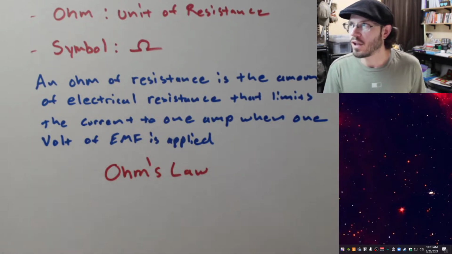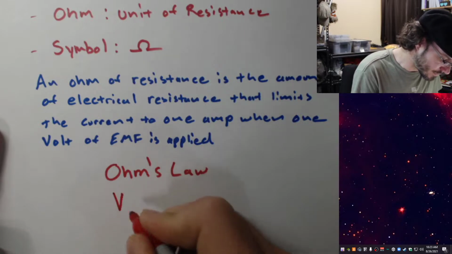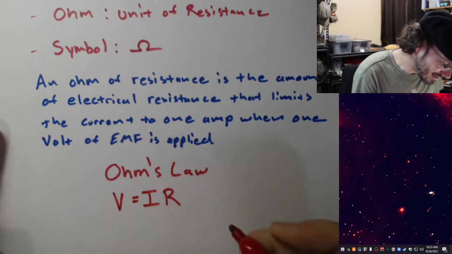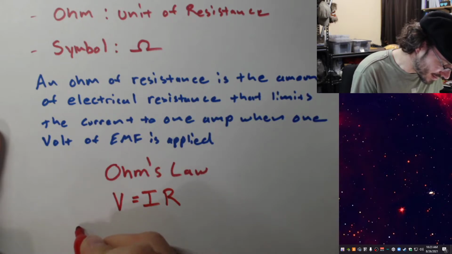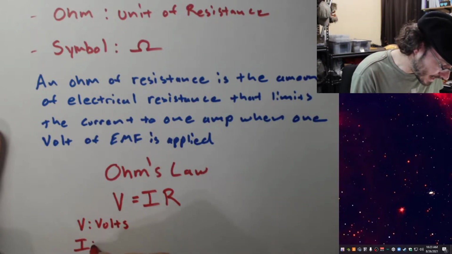Okay, let's go ahead. Let's put Ohm's law in all of its glory on this board. V equals IR. V is for volts. I is for amps.